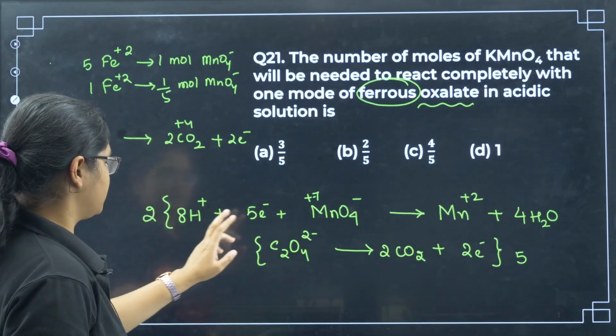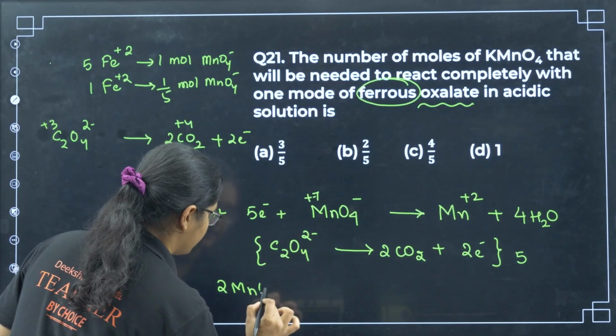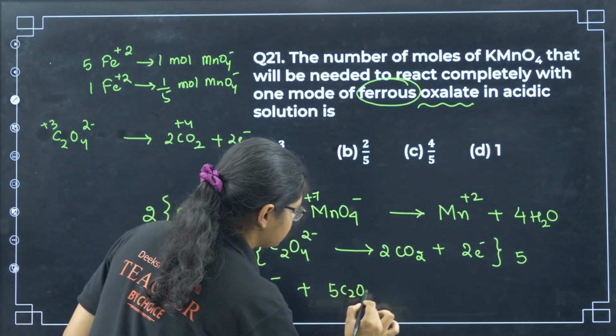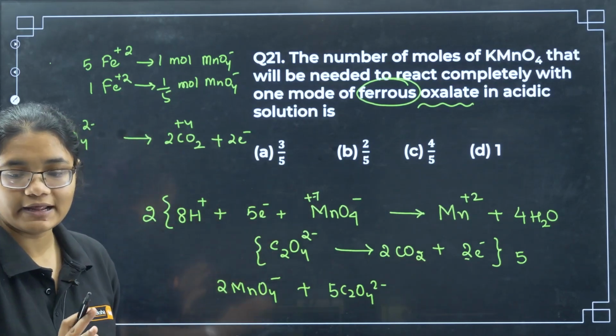So now I will get 2 MnO4-, I am just writing the LHS side, and I will get 5 C2O4 2-, right? With that I am getting 10 electrons here, 10 electrons here, so that will get cancelled.